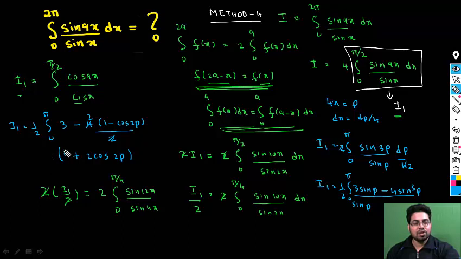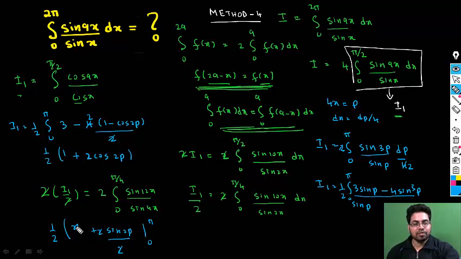So integration of 1 is x, integration of cos 2p, and here this 2 is there, so it would become sine 2p by 2, and here we are having this 2 and this 2 will get cancelled, from 0 to pi, and obviously this half is also there.